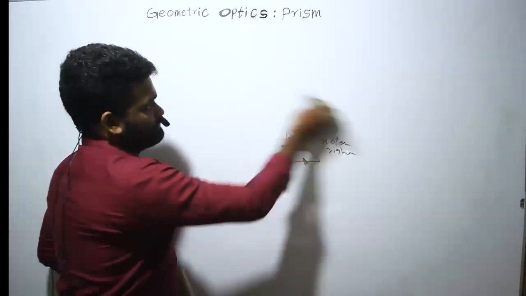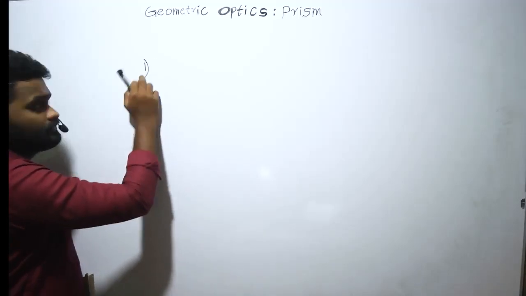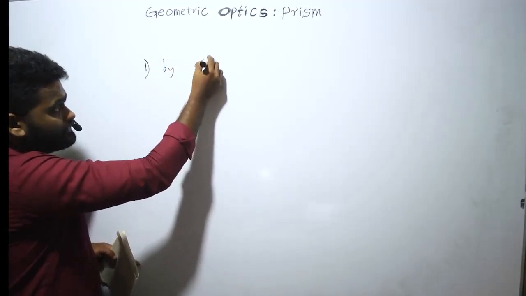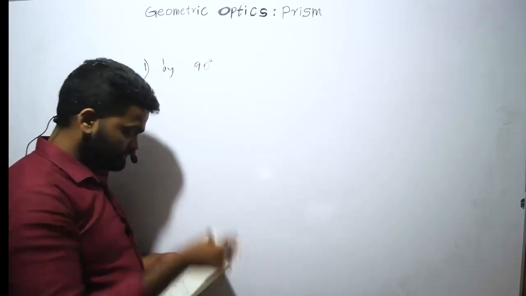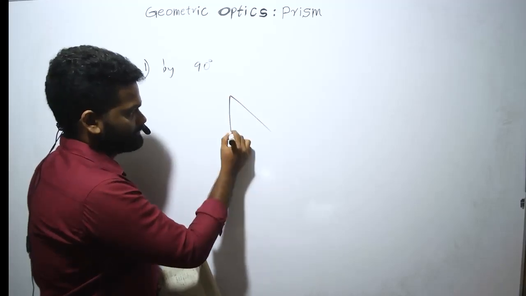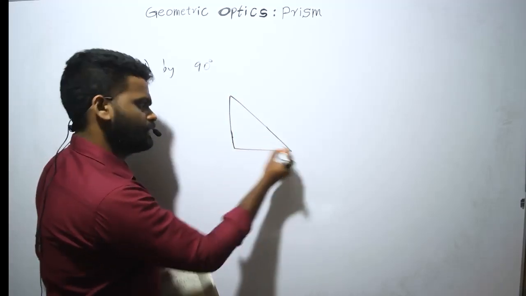First case, write down 1, by 90 degrees. So we are going to turn the ray by 90 degrees. We place the isosceles prism like this. You can draw this with me.